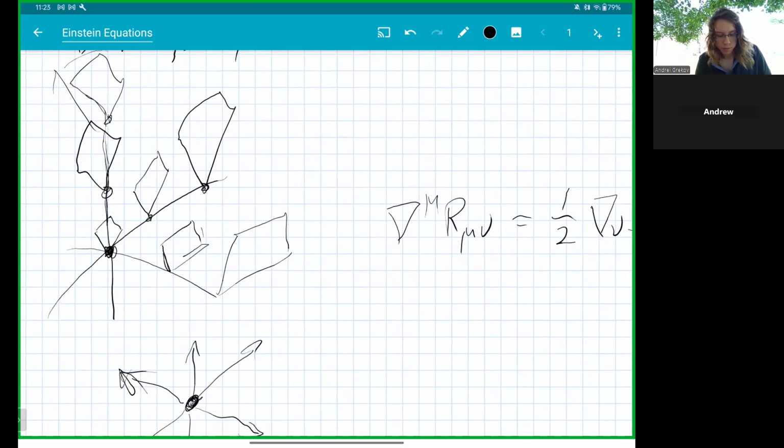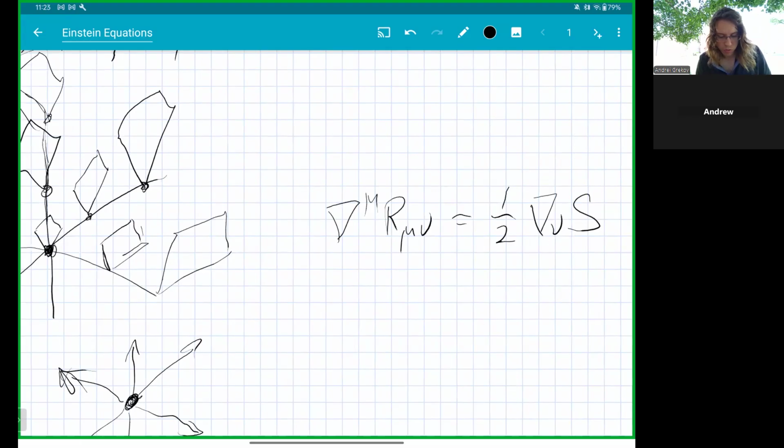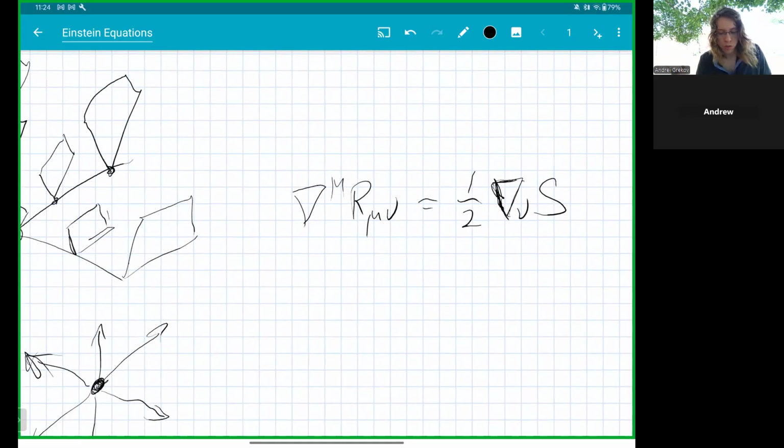If it's non-zero, it could act as a source for volume change along each geodesic, right? Because the gradient of the scalar curvature tells us how the size of a unit ball changes from here to here. Small here, it's big here.